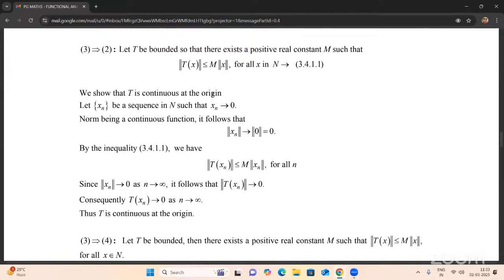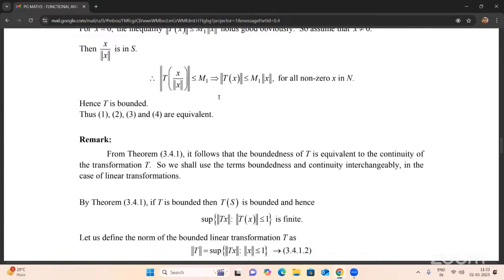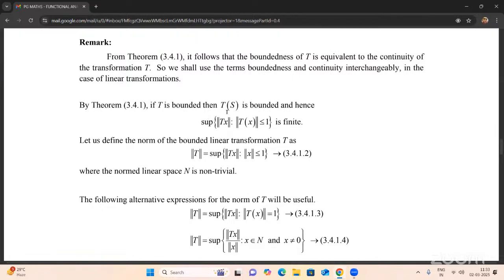That is for boundedness through the norm. And the second condition is that when the transformation is applied on the closed sphere, that is also bounded. So that is the supremum of norm T(x), where norm x is less than or equal to 1 through the closed unit sphere. So norm T equals the supremum of norm T(x).